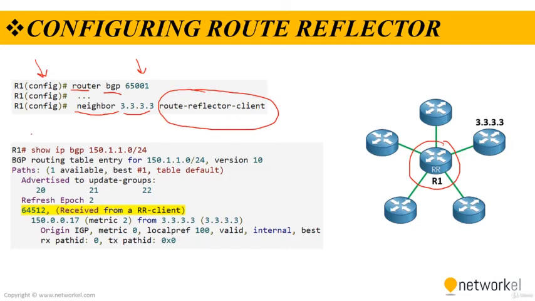On router 1, if you just type show ip bgp for this particular network, you can see in here whether it is received from a route reflector client or not. And for this scenario, this route is received from a route reflector client, and that is 3.3.3.3.